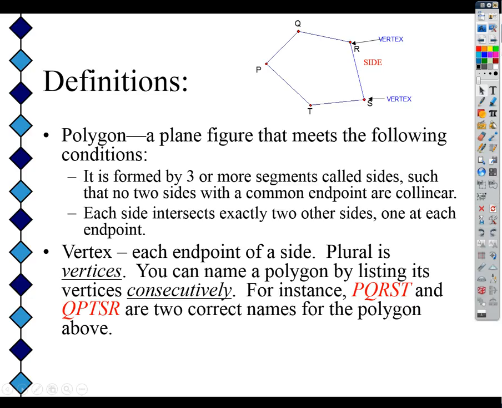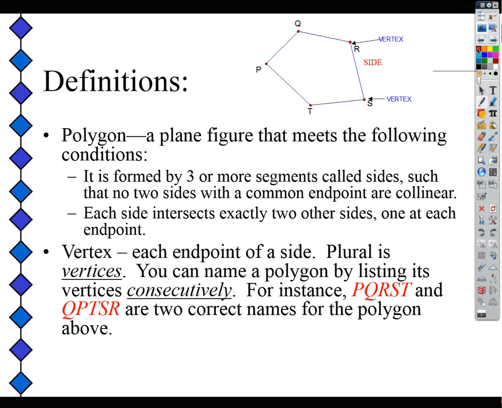There's a bunch of ways you could define this, but the way our book does, and this works, is to say that no two of the sides have a common endpoint and are collinear at the same time. So if I take this picture up here of a polygon, this one has 5 sides. If I were to put another vertex right there, that really wouldn't make sense, would it?